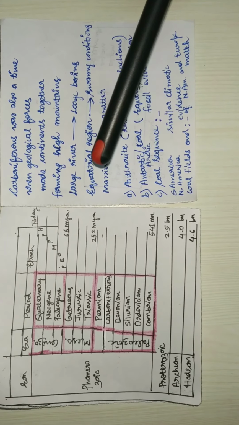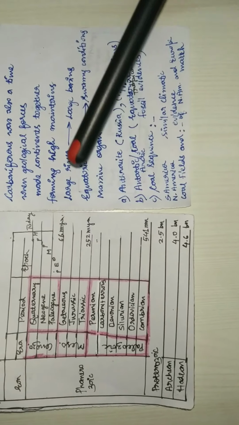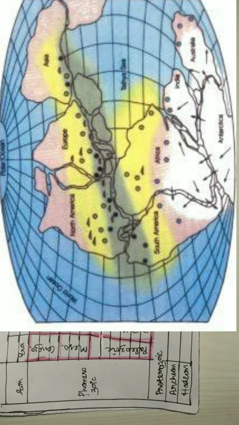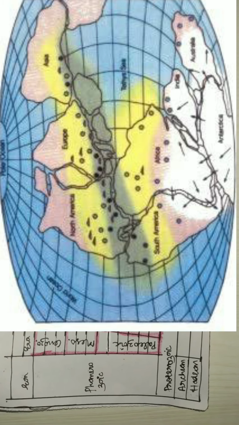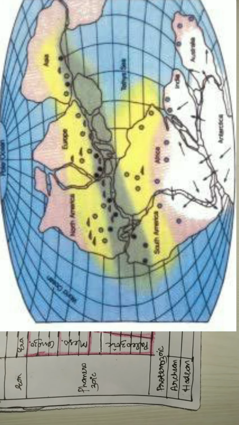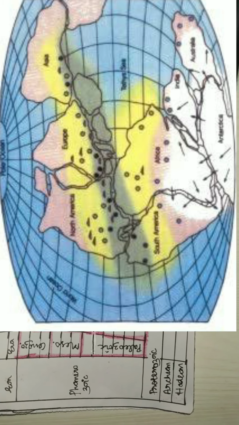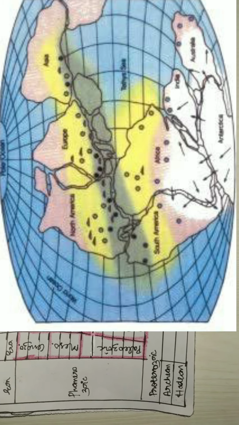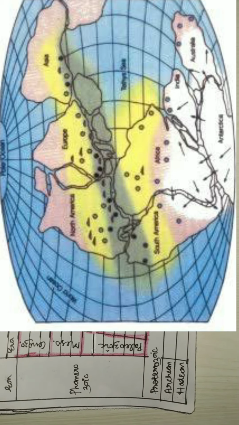Large basins were formed because of large rivers, and in equatorial regions, the swampy conditions led to massive organic matter getting preserved, and hence if you see the coal sequence, the North American and the European coal fields match, right?